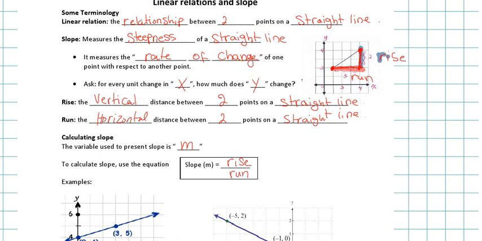So that will be your vertical over your horizontal. So the important thing first is to locate your 2 points. Okay? You're going to find 2 points on your straight line, and then you're going to see how much does it go up, how much does it go across, right?